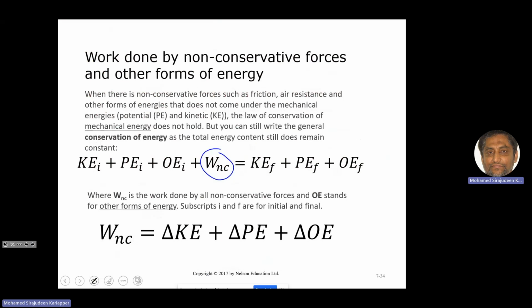So, like this box example that is coming down, if there is air resistance, not all the potential energy is going to be converted to kinetic energy.